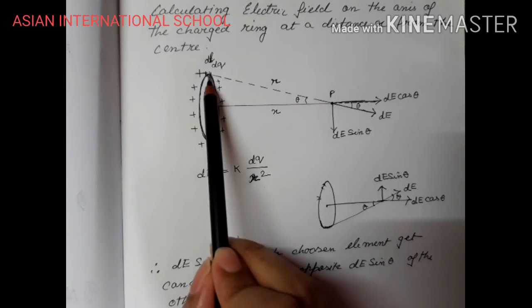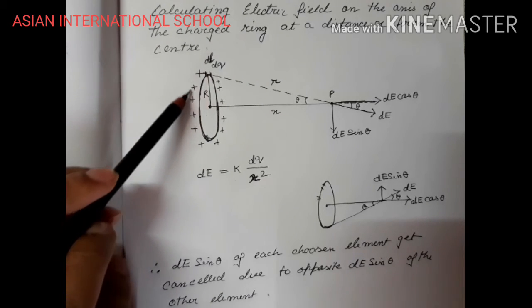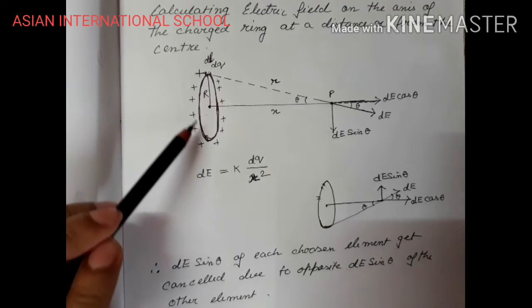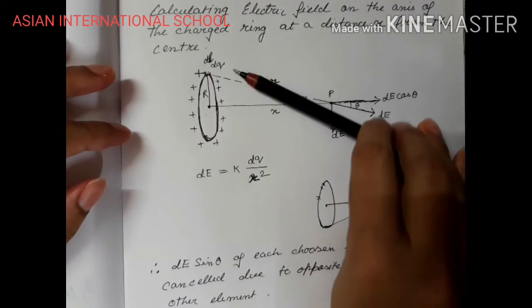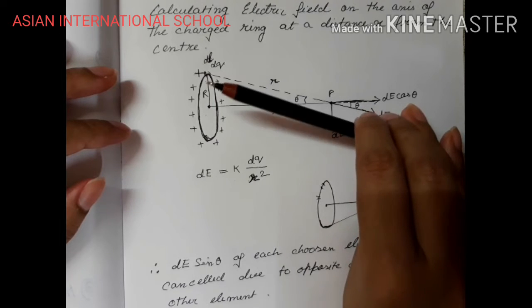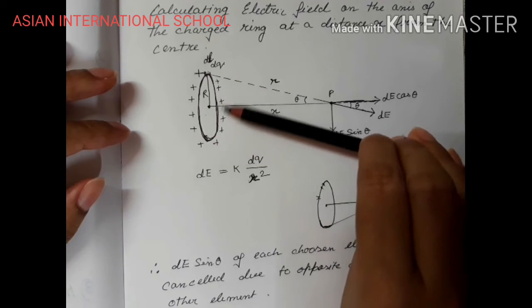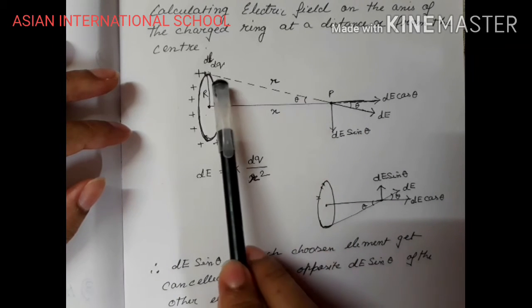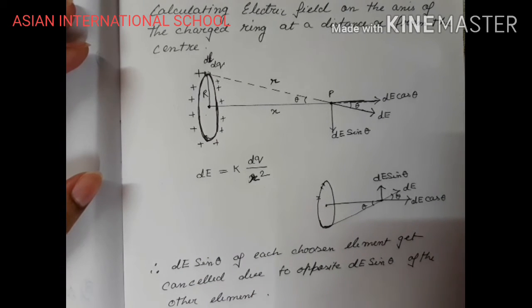If this is the axis and you rotate the element along the ring, theta will always remain constant. So r, x, small r, theta and the charge dq are constant. So let us find the electric field because of the cos component.